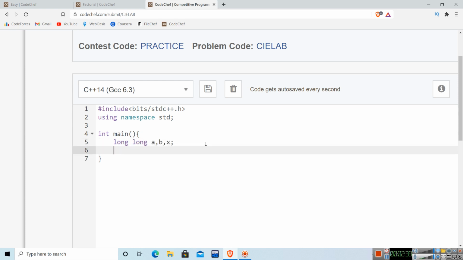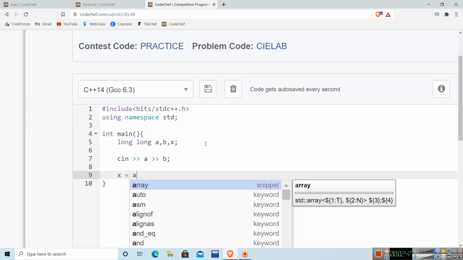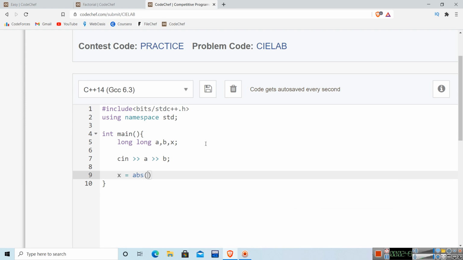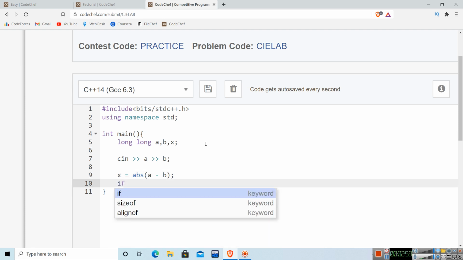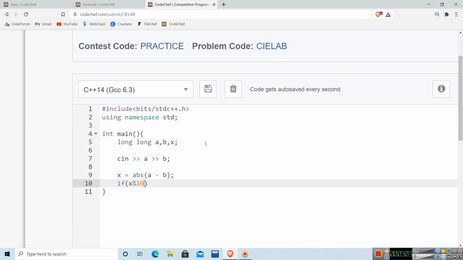Now x equal to the absolute value of a minus b, which means we are getting the positive value of x. Let's see if x mod 10 equals 9.